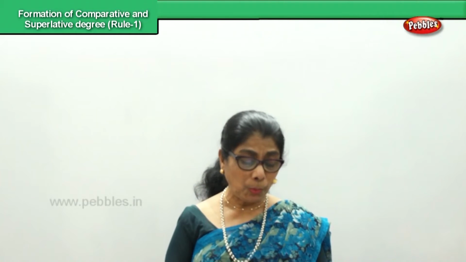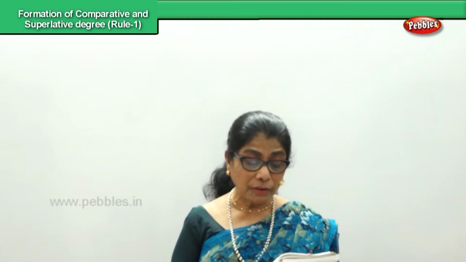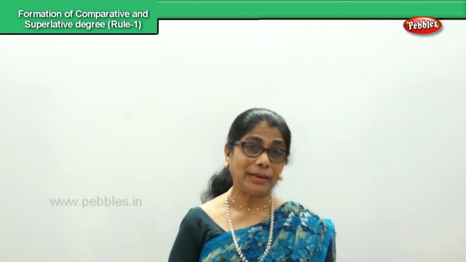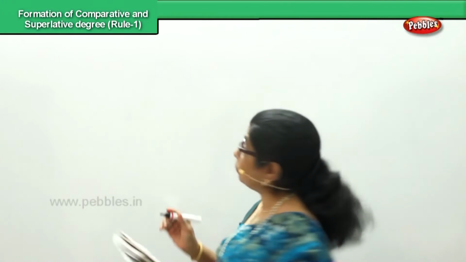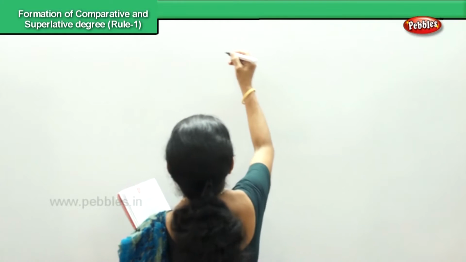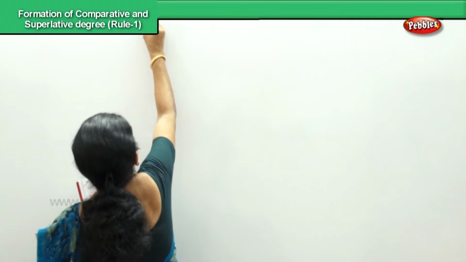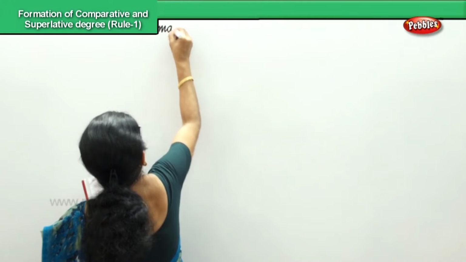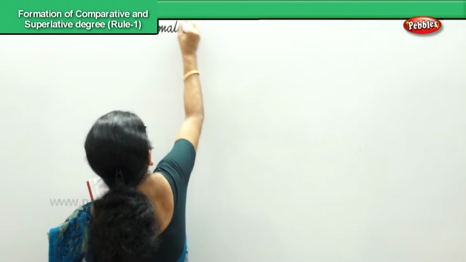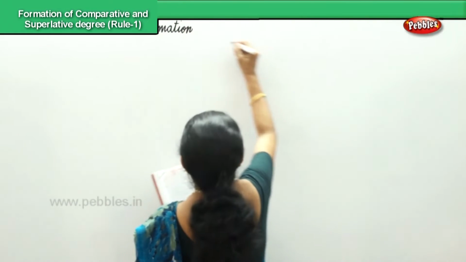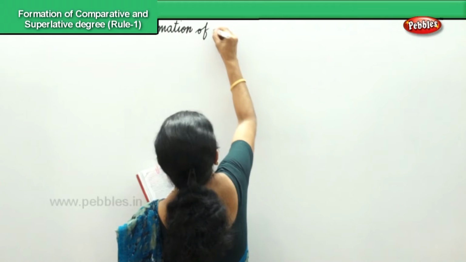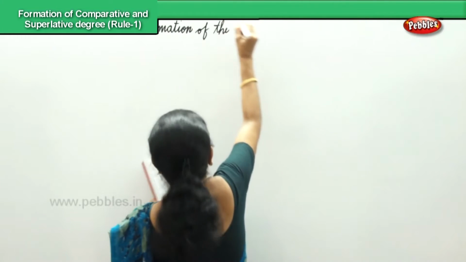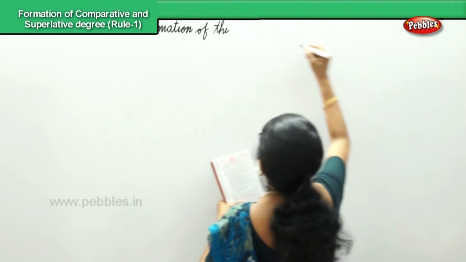So the rule number 1 for the formation of comparative and superlative, that's what it is, formation. The first thing, the title is Formation of the comparative and superlative.